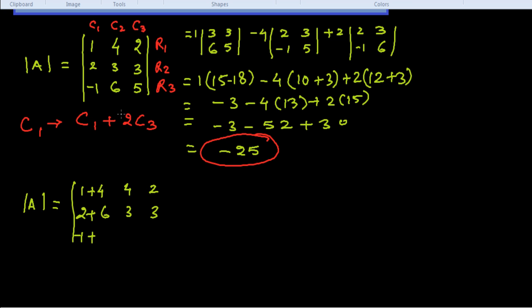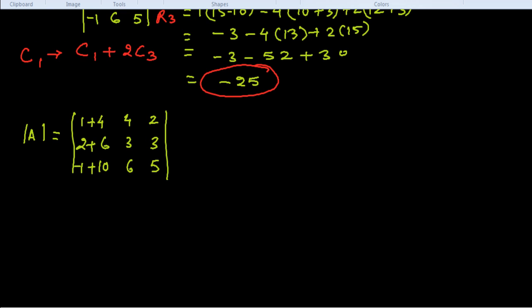Minus 1 plus 5, 2 times 10, 6, 5 will be the same. Now here we see 5, 8, 9, 4, 3, 6, 2, 3, 5.